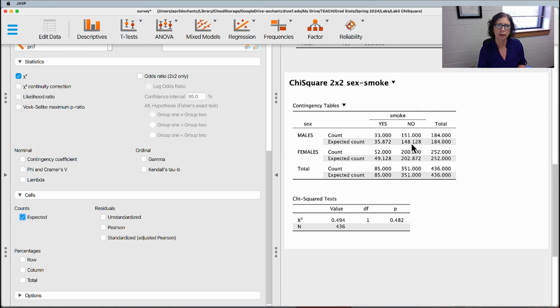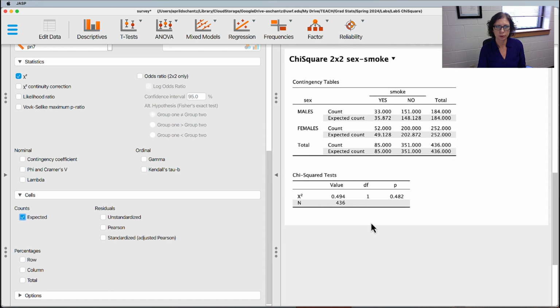So that's what the chi-square test is looking at: is the difference between what was expected and what was actual significantly different, which would indicate that there might be some dependencies between smoking and gender. And this gives us a lot of information that we can work with when we're trying to convey the results to our reader. Now the next thing here is the chi-square test results.